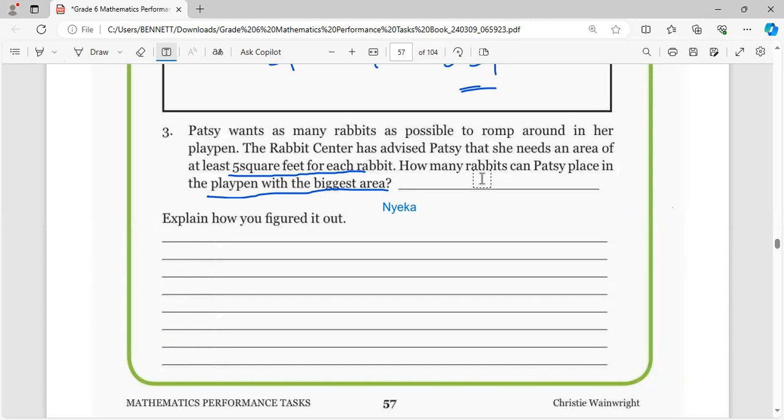How many rabbits can Patsy place in the playpen with the biggest area? Alright, David, thanks. Noted.